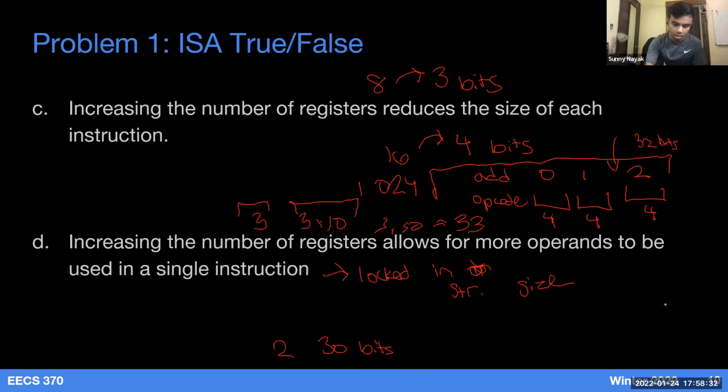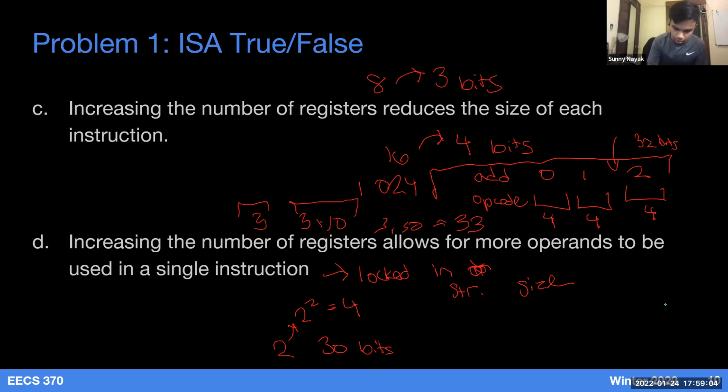And so essentially, the number of opcodes is now 2 to the 2, which is 4. And so I can only support 4 opcodes. So increasing the number of registers, and in turn increasing the number of bits that are required to represent those registers, will eventually reduce the number of maximum possible operands.